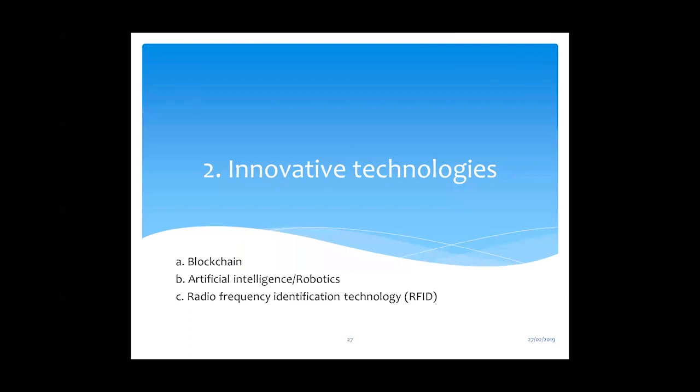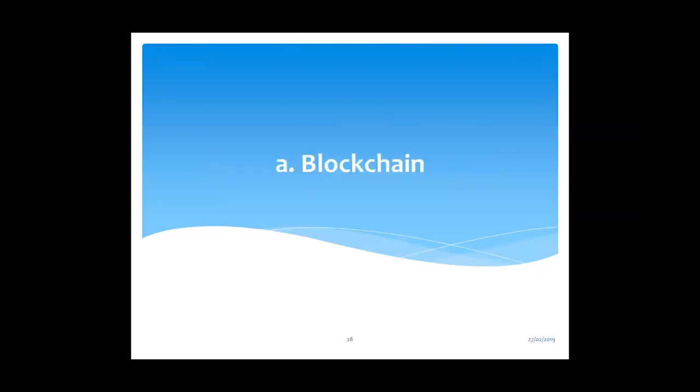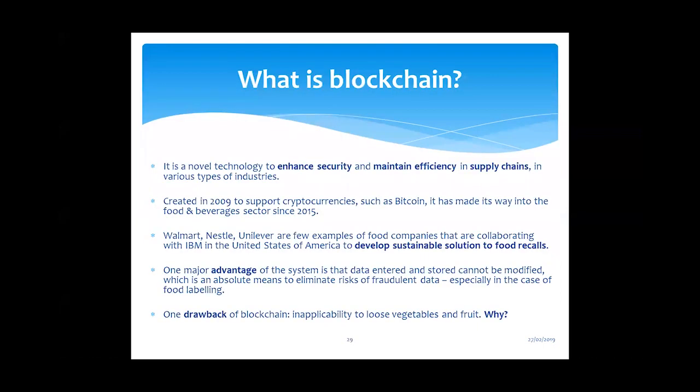Thank you, Ajay. For the next few minutes, we will discuss innovative technologies that are sounding promising to improve food safety on a global level. First off, I'd like to talk a little bit about blockchain, which was developed in 2009 to support cryptocurrencies like Bitcoin, but has made its way quickly into the food and beverage industry since 2015.